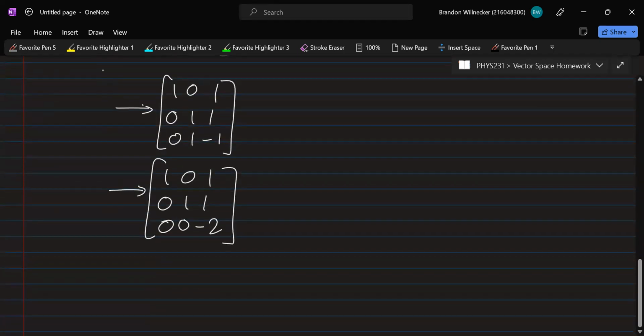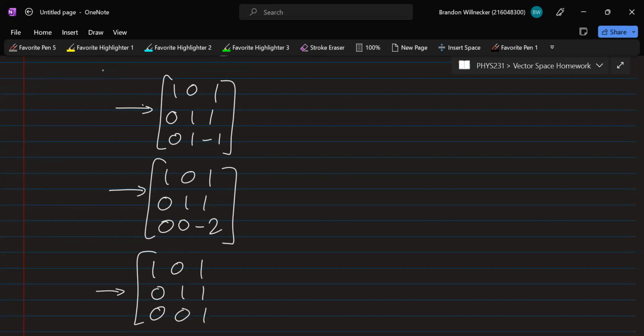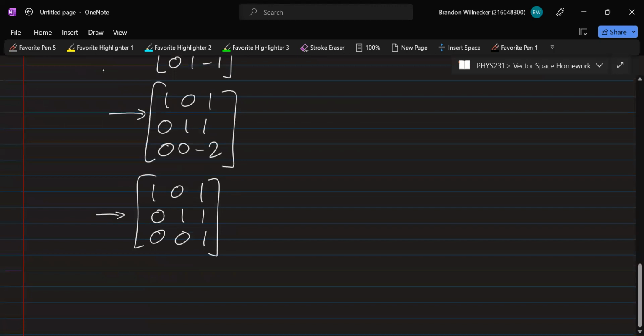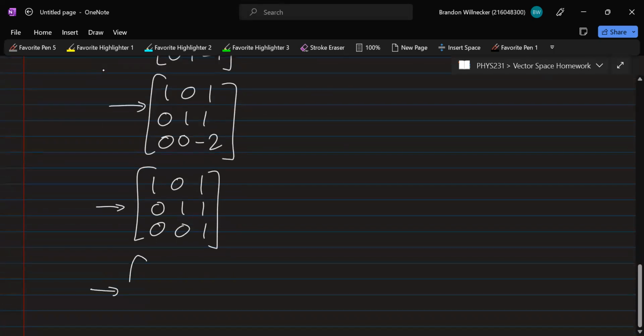We can divide the last row by minus 2 to make it a 1. So we have 1, 0, 1, 0, 1, 1, 0, 0, 1. And finally, we can clear the last ones in row 1 and 2. So this can be written as 1, 0, 0, 0, 1, 0, 0, 0, 1.